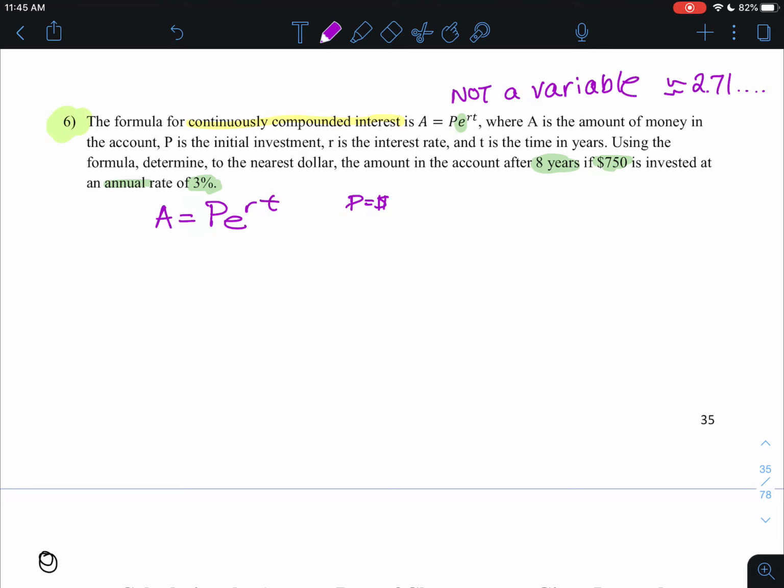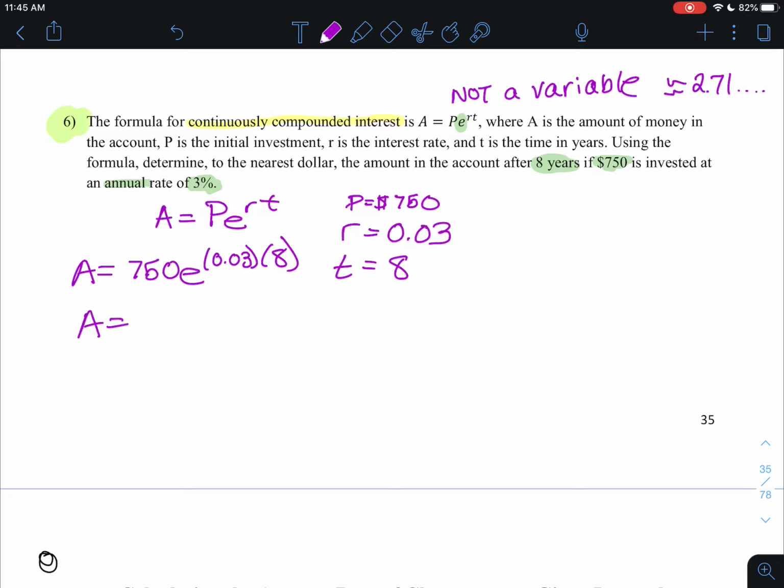I don't have to plug anything in for E. R is equal to 0.03, and T is equal to 8. So to solve for A, I just plug in. On your calculator, you would find the E value, and then you would raise it to 0.03 times 8.